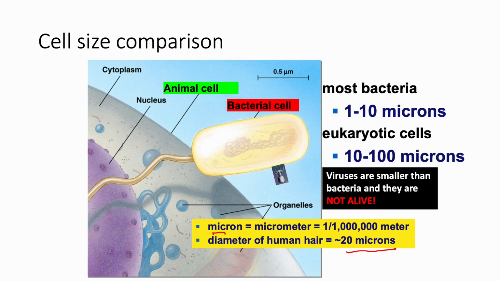Just to put this in perspective, bacteria range between 1 and 10 microns. A virus, remember viruses are going to attach to that bacteria. Viruses are not living, they're smaller than the bacteria. And then our eukaryotic cells, such as an animal cell, range between 10 and 100 microns.